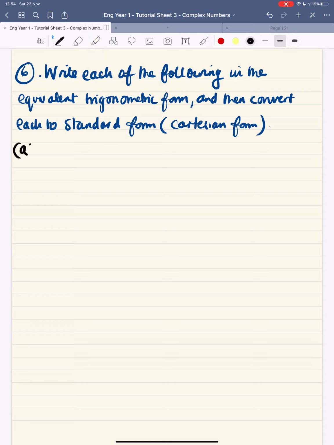Right, A. It's 3e to the j pi by 3. So this is going to be 3 cos pi by 3 plus j sine pi by 3.